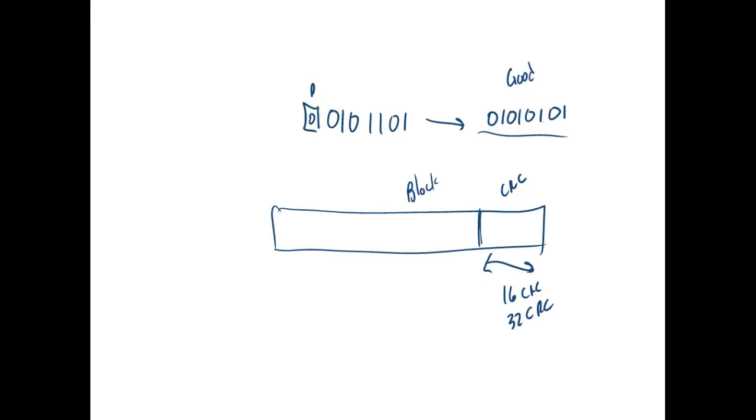Either 16 bits or 32 bits. 32-bit CRC is probably the most popular now. Any questions on that? So we're still using codes. We're still using bytes. So we still use multiple groups of 8 bits, right?